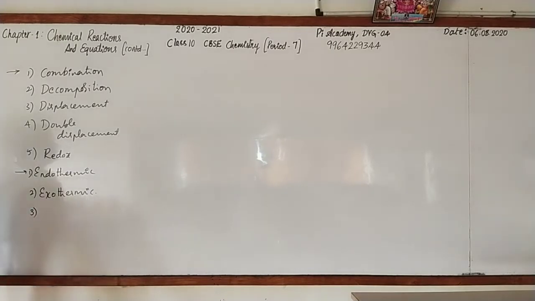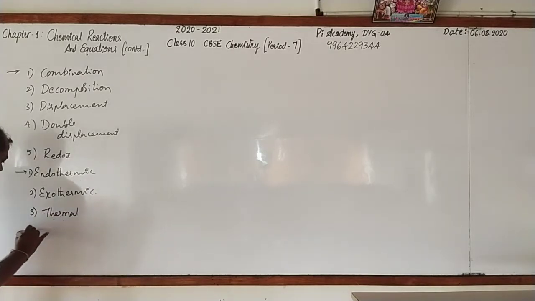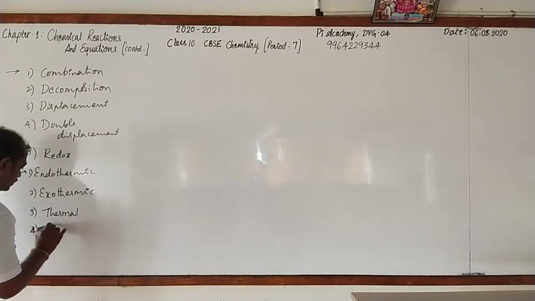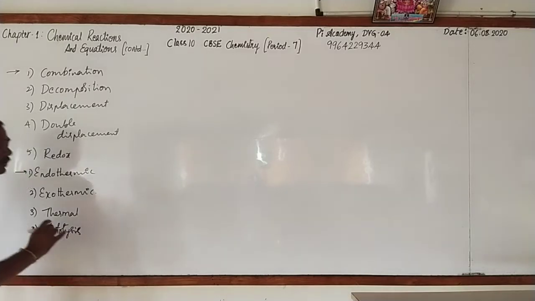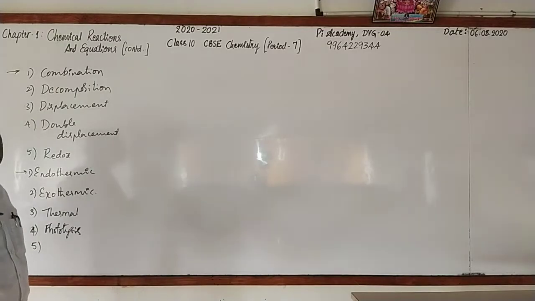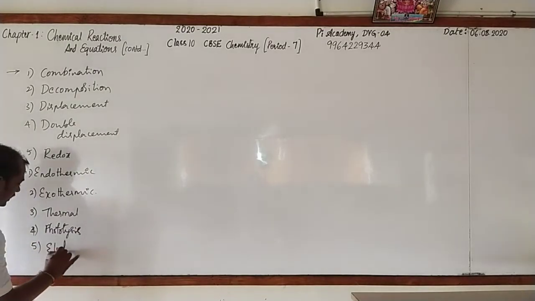What do you call the decomposition reaction which is carried out by providing heat? It is thermal decomposition. In the presence of sunlight, it is photolysis. Photolysis is also called photochemical reaction. And what do you call the decomposition reaction which is carried out by passing electricity? It is called electrolysis.